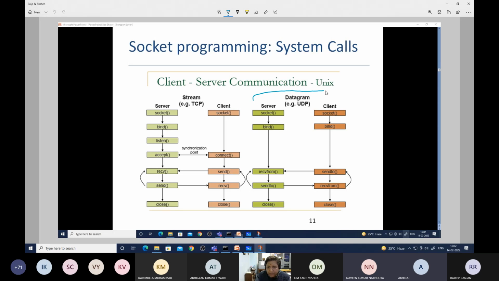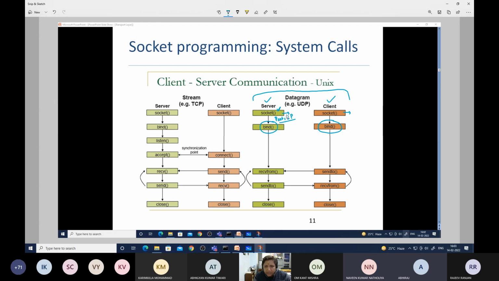Both server and client would be having the socket system call. Then both will use the bind system call. Using bind, you can provide this socket the source port and source IP, or you can just provide the port number and IP.